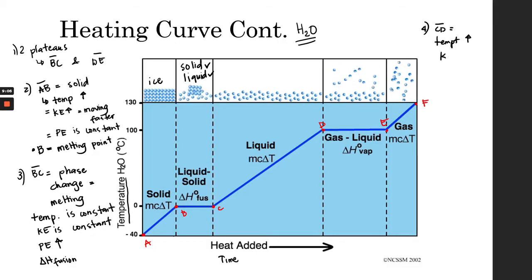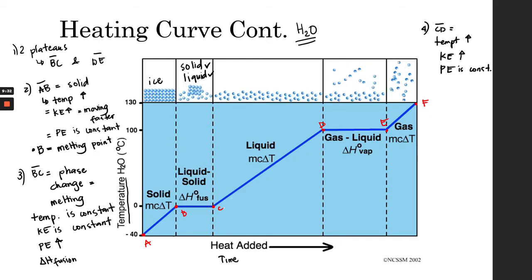So the kinetic energy of the particles is increasing and the potential energy is again constant in this scenario. What is happening here is that the heat that is being added is only increasing the temperature. It's not changing the phase of the substance.